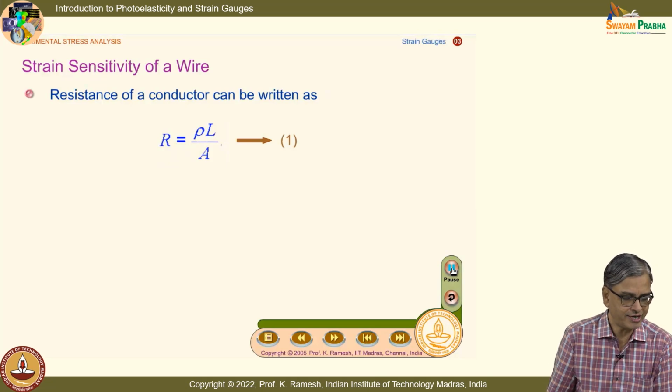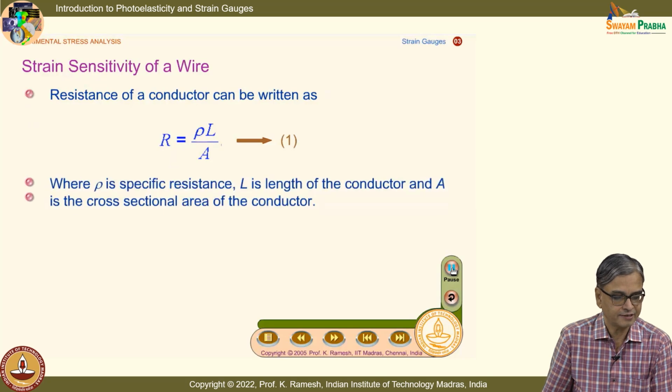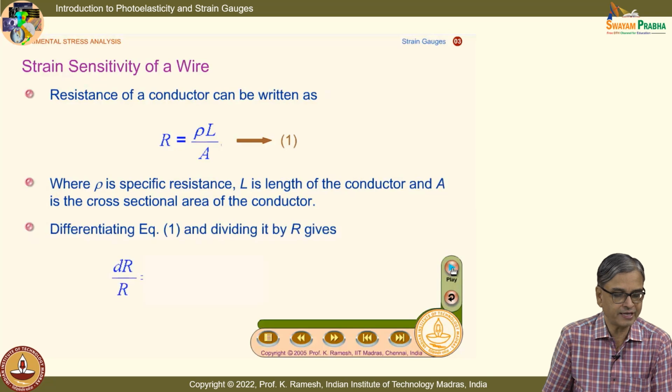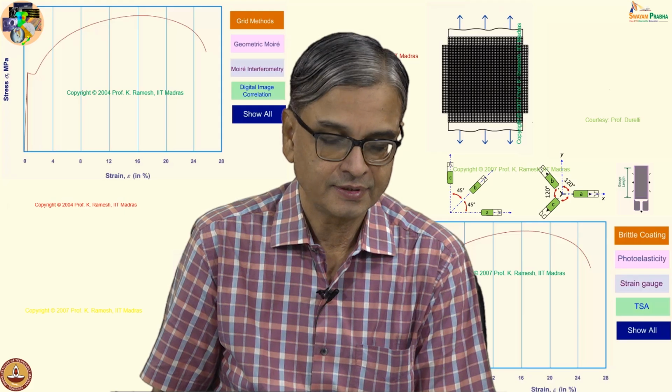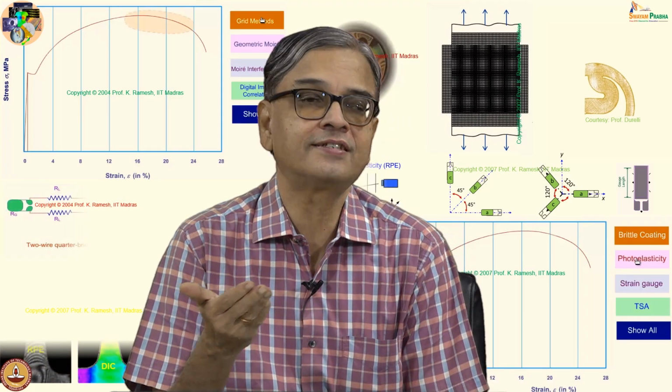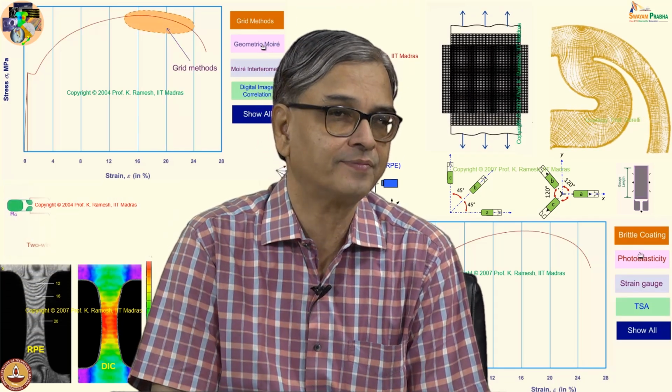Now I differentiate this, and also divide by R. I get an expression dR by R equal to d rho by rho plus dL by L minus dA by A. And you all know strain is nothing but change in length divided by the original length.